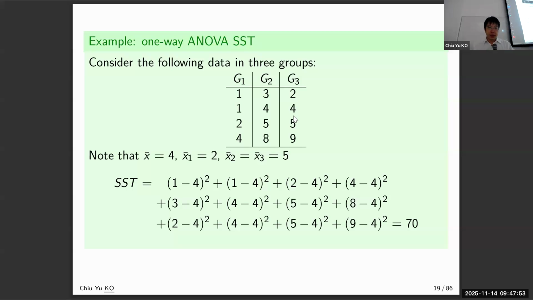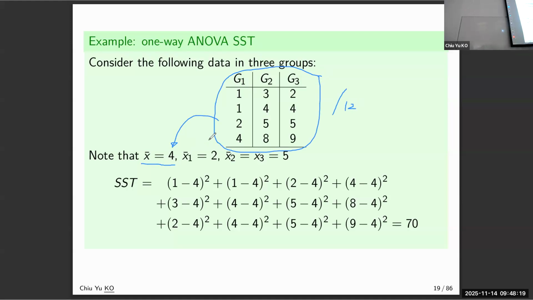SST would be calculated as follows. You calculate the overall mean, which is 4. The 4 is coming from adding all the numbers up and dividing by 12, because there are only 12 observations. And SST will be just take each number minus 4, square and add up.